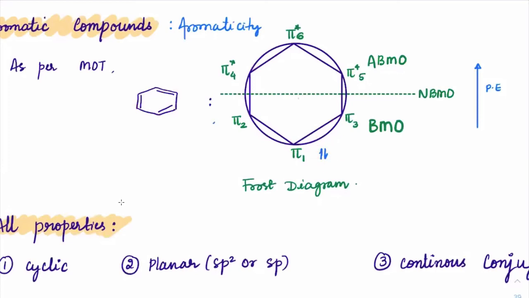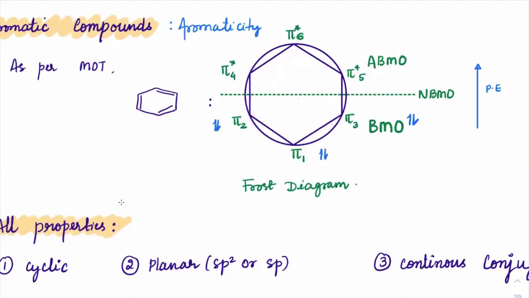Then according to Hund's rule, first electron, second electron, third electron, fourth electron will go here because both of them have the same energy. Next 4 electrons are done, correct? In total we had 6 electrons to distribute, 2, 4, 6, all of them are distributed. So no electrons come on the non-bonding molecular orbital, neither on the anti-bonding molecular orbital. Everybody, is this clear? It is just to simplify, instead of writing the entire molecular orbital configuration, this is an easy way of understanding.